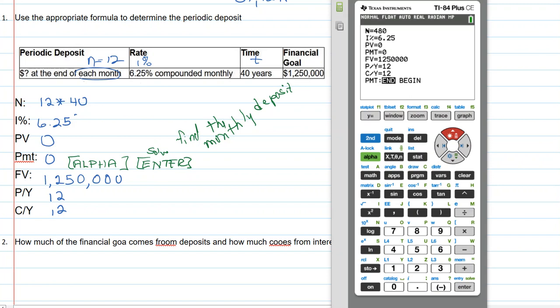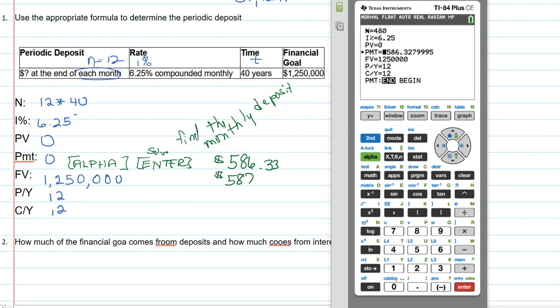Right. So let's do alpha solve, and I'm going to get a number of 586 decimal 33. So this is, they want it to the nearest dollar. I would say 587.